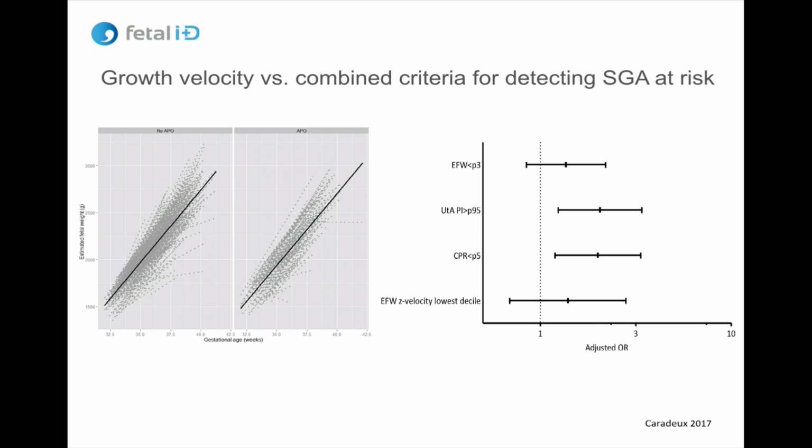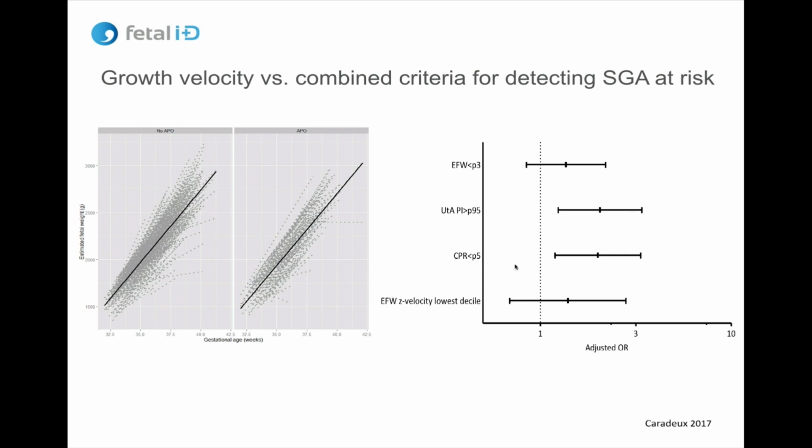Several very recent studies have looked at growth velocity in their populations. This is a study that we published this year, and we really didn't find that there was an association with growth velocity. And we are not the only ones. There are other studies.